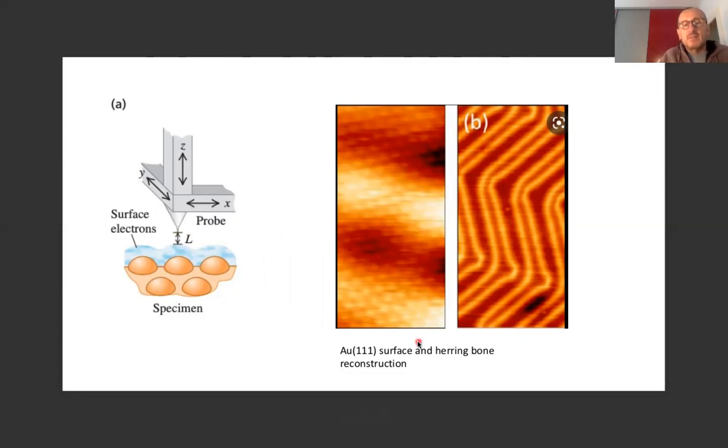Okay, so this is a fabulous instrument that has allowed learning many things about the physics at the atomic scale, and probably it will be linked to the smallest qubits.